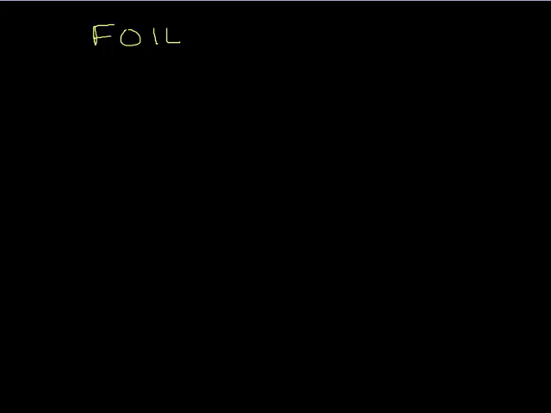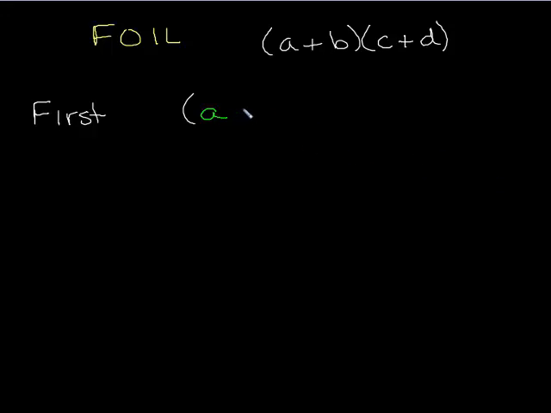Okay, if I have two binomials and I want to multiply them together, a plus b times c plus d. Using FOIL, we have first, and our first terms are the ones that come first in the parentheses, a and c.